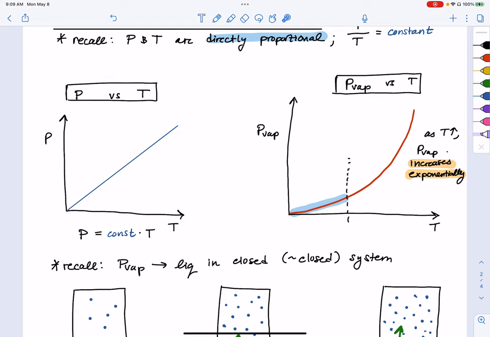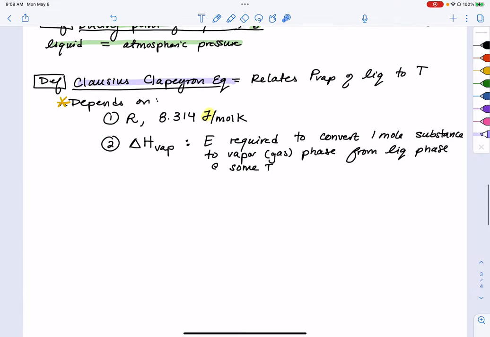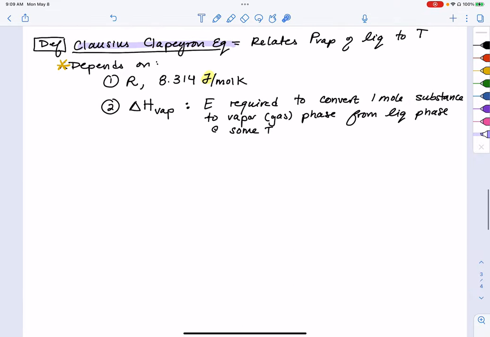Any one of you that are in calculus could understand. So to undo this, we are going to apply the inverse of our exponential relationship between vapor pressure and temperature. And the inverse function of an exponential is a logarithmic function.